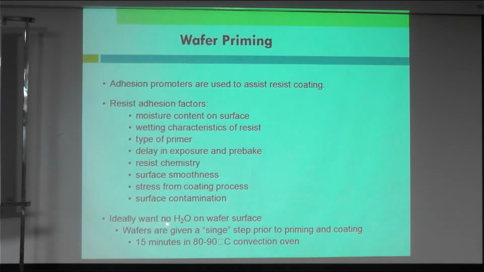So ideally, we want no water on the wafer surface, and wafers are given a sink step prior to priming and coating, 50 minutes at 80 to 90 degrees Celsius in the convection oven, basically.